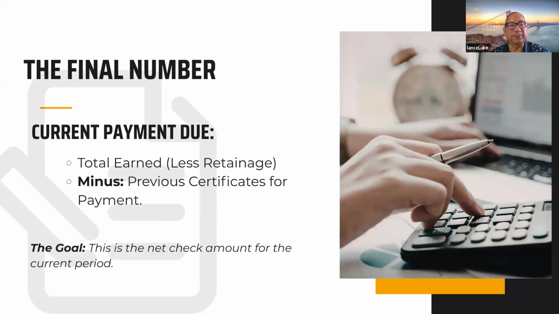So the final number is the current payment due, which is the total amount less retention minus previous billing. But I don't want to confuse you guys.